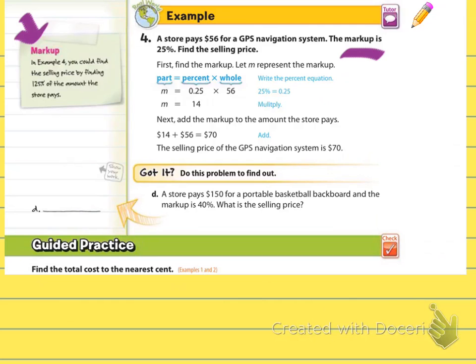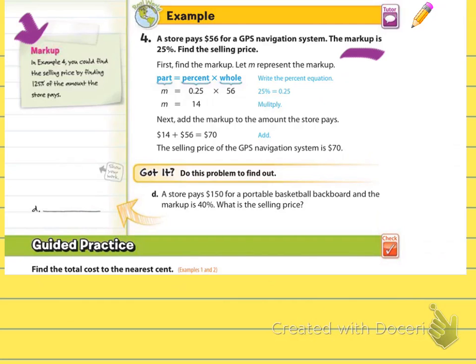Put those into your calculator and you get 14. So they are marking up the price by $14. You would pay a total of 14 plus the 56 they paid. Your selling price is going to be $70 for the GPS nav system.